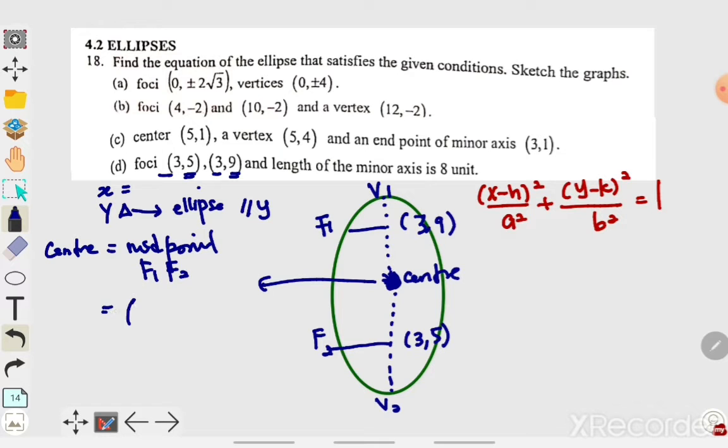We use the formula: (3 plus 3) divided by 2 and (9 plus 5) divided by 2. The center is (h, k), so you have 3, and 14 divided by 2 is equal to 7. So h equals 3 and k equals 7.